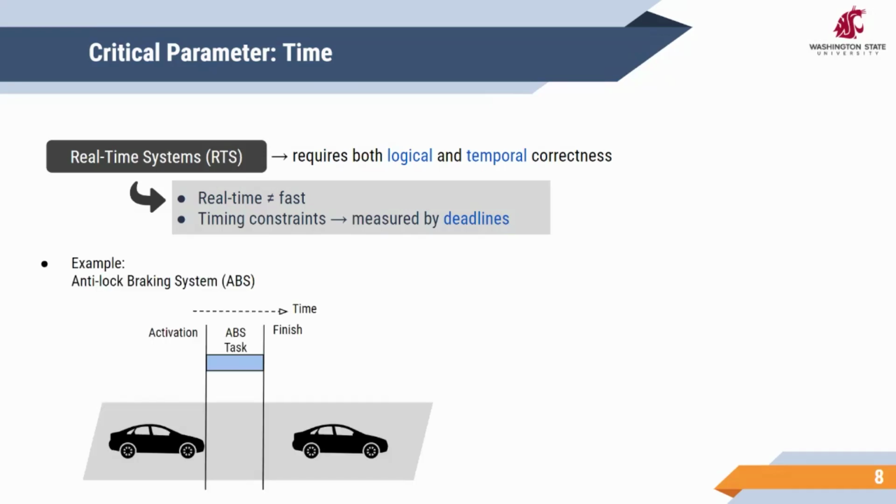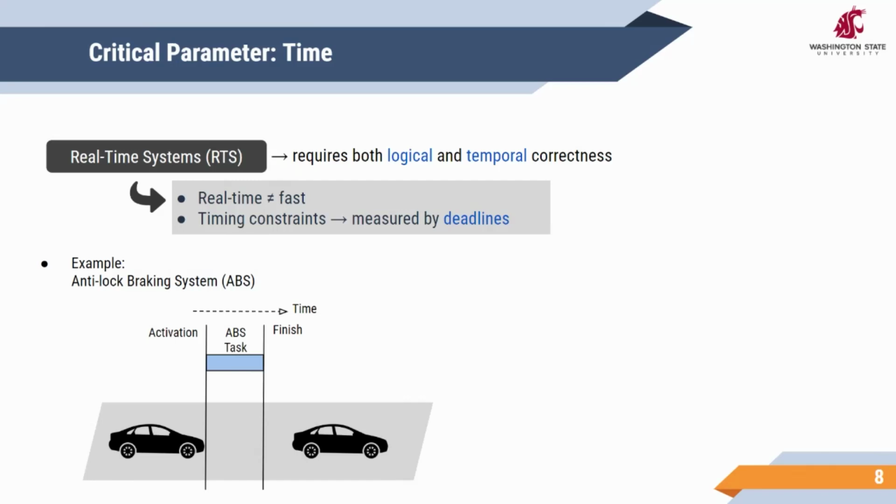A very classic example of real-time applications is the anti-lock braking system of a car. In the anti-lock braking system, when the brake pedal is pressed, the ABS module will kick in and prevent the wheel from locking so that the car doesn't skid. And it must be done within a very small amount of time.